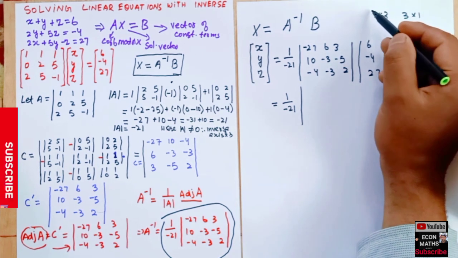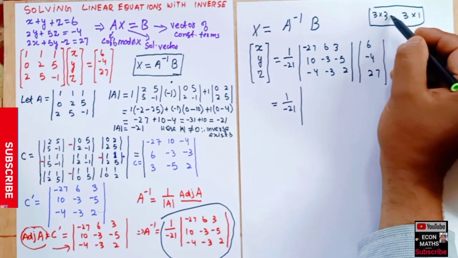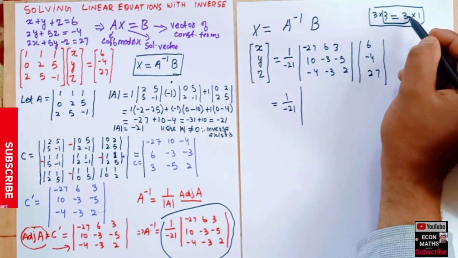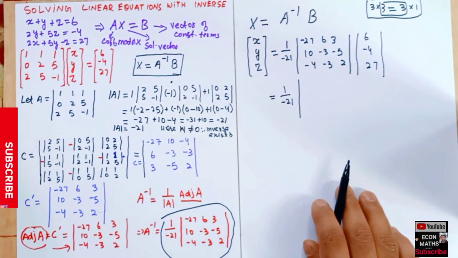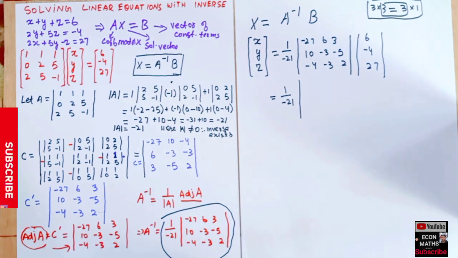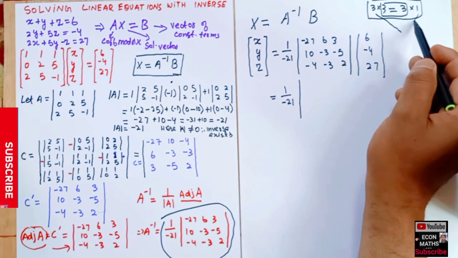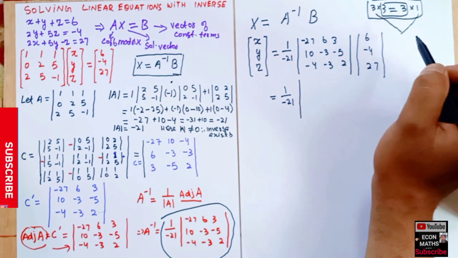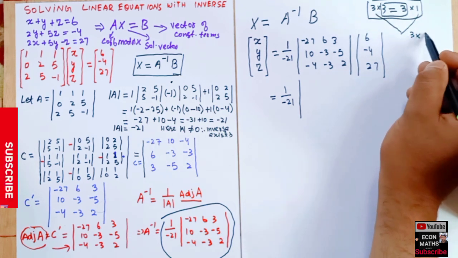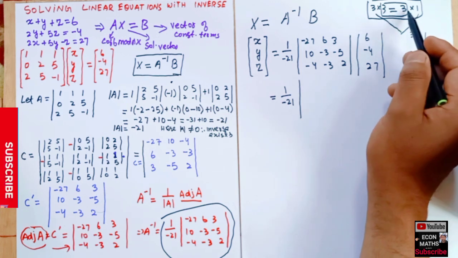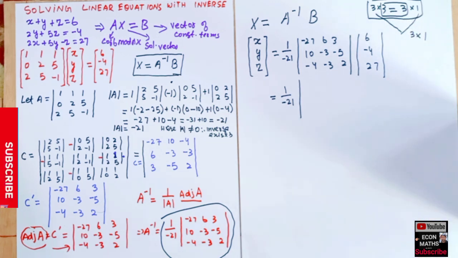We have seen this in earlier videos. If these two numbers are equal, then we say these two matrices are conformable. So we can multiply them, and the resulting matrix will be of dimension 3 by 1. If these two numbers are not the same, then we cannot multiply the two matrices.